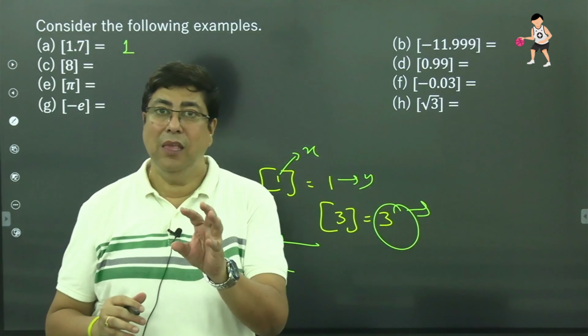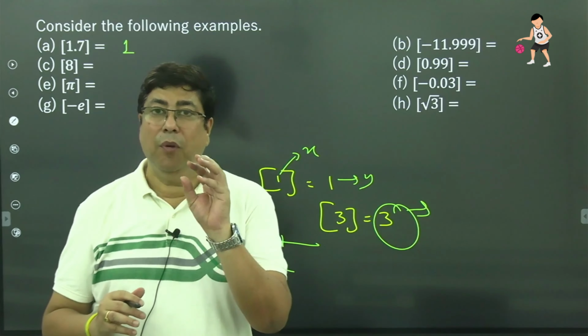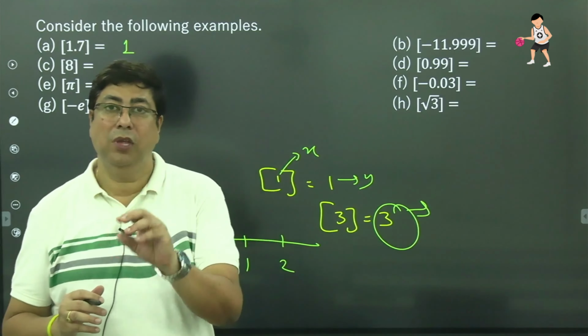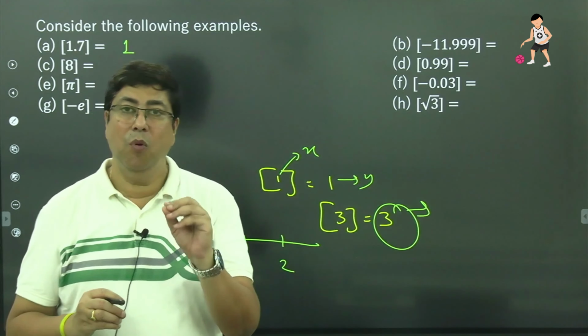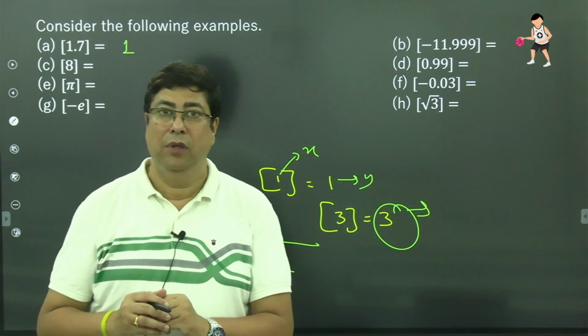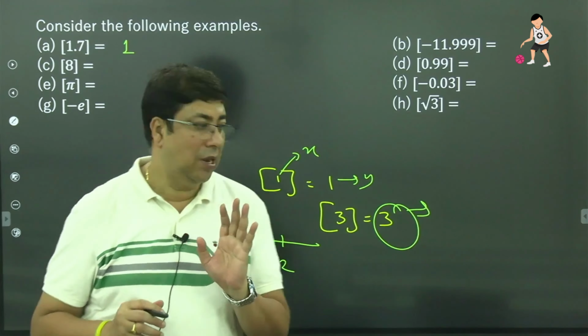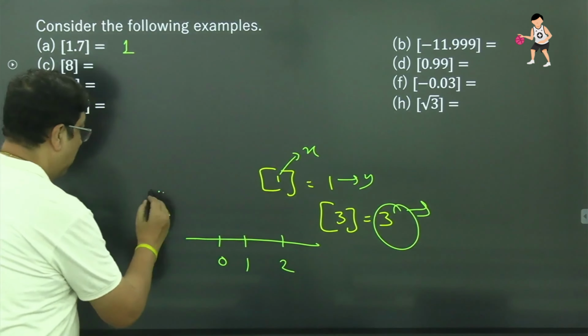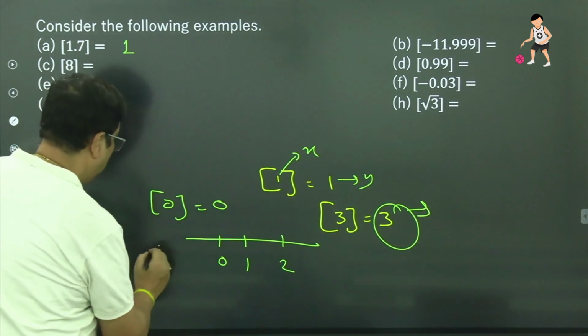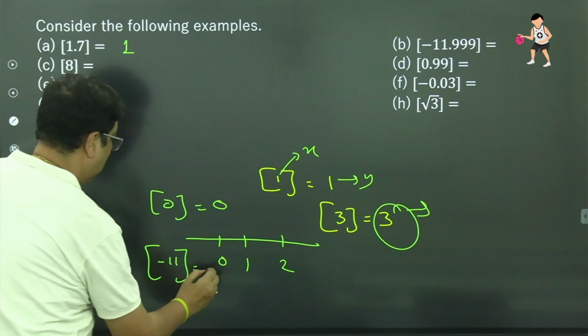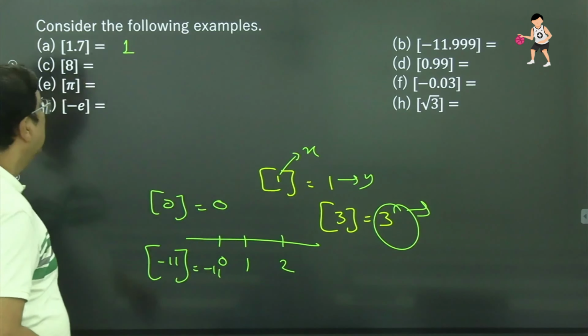Because y, what is coming out of the box, cannot be more than x, it may be equal to x whenever it is an integer number. So box of 0 equal to 0, box of minus 11 equal to minus 11. But whenever the question is about a non-integer lying between two integers, we have to take the lower integer value.